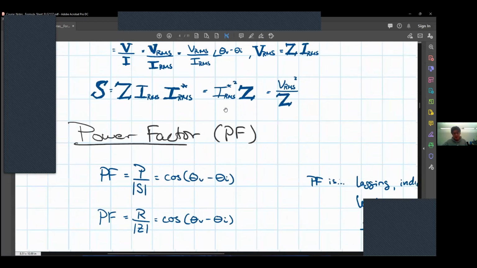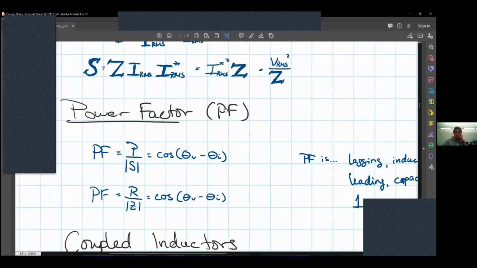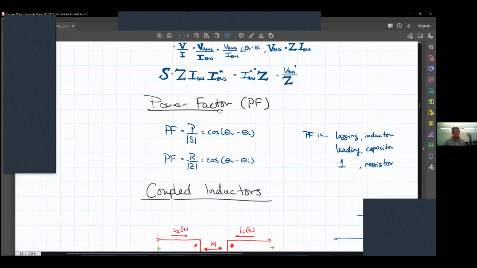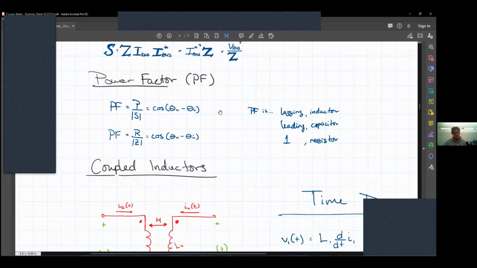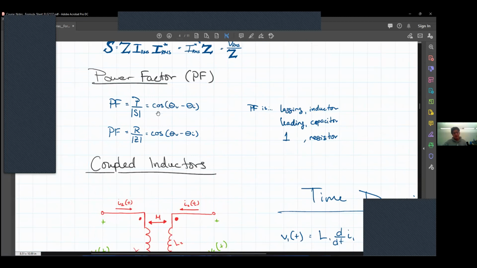So now we can talk about power factor. It's a pretty simple concept. It's strictly just how much of the power is real, or how much of the impedance is resistance. So in this scenario, if it's lagging, it's an inductor, and if it's leading, it's a capacitor.